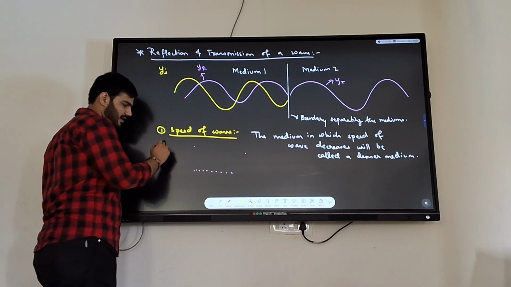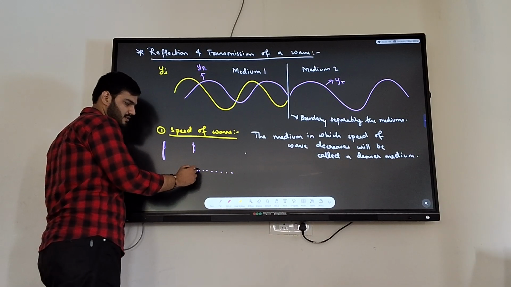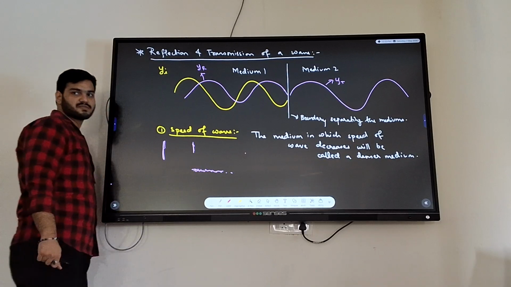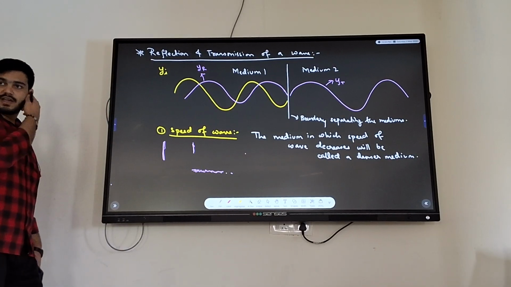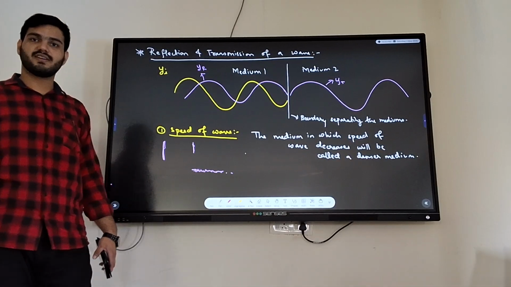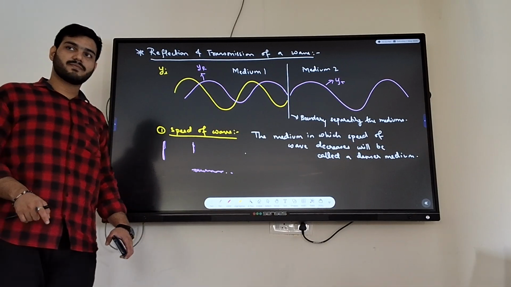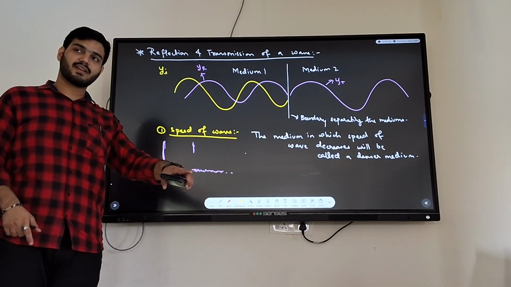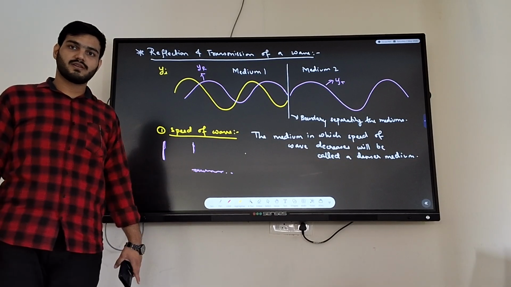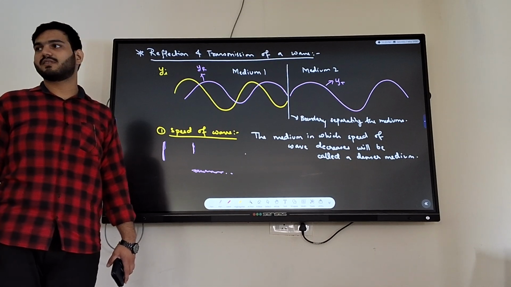So the influence of this particle on that particle will take some time. But what about here? The influences will pass very fast. And then you can already guess that the speed of sound is highest in solids. So now, air will be acting as what medium for sound? Denser. It will act like a denser medium for sound.